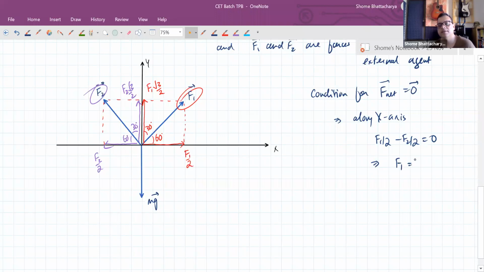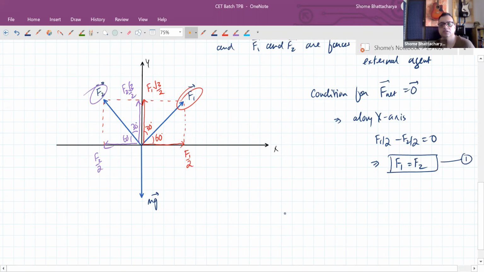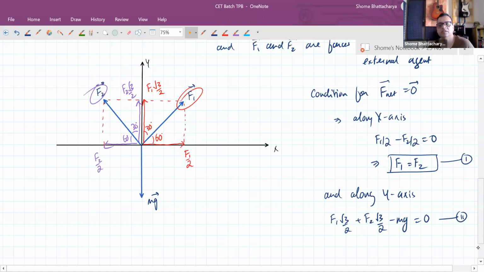So F1's magnitude should be equal to F2's magnitude. This is the first thing we understand. And along y-axis, again F1 root 3 by 2 plus F2 root 3 by 2, but minus mg because this is acting along the negative y-axis. This should be 0. So this is our second equation.